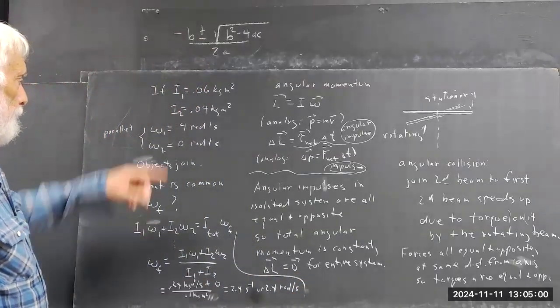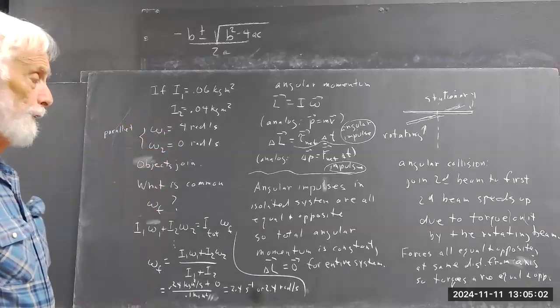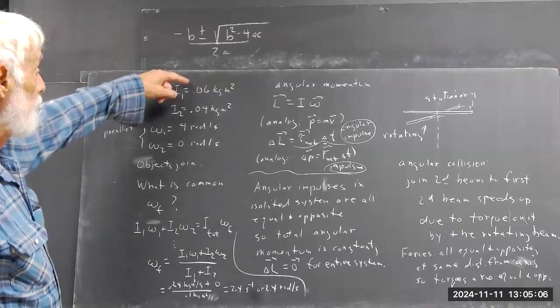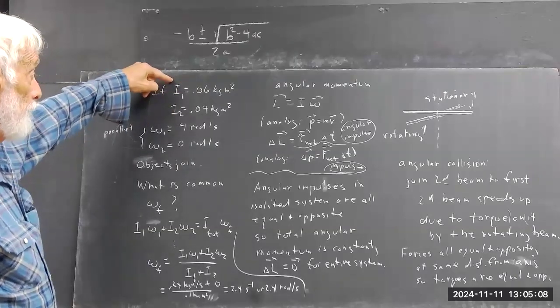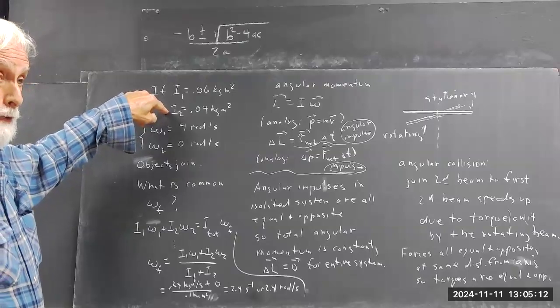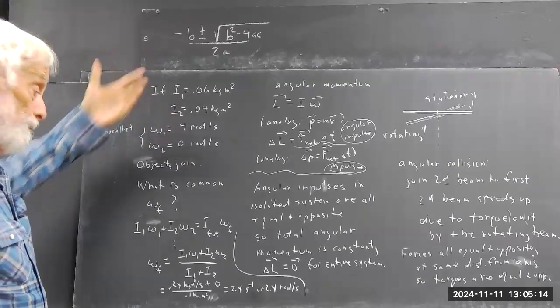Now, if you go, this is at 4 radians per second, this is at 0, right? This has got more moment of inertia than this. It's got 50% more moment of inertia than this one. Which one is going to change velocity the most?